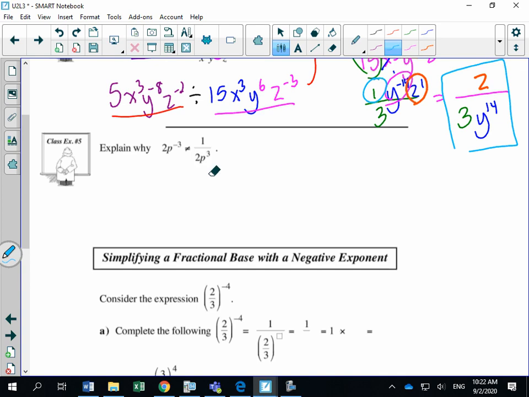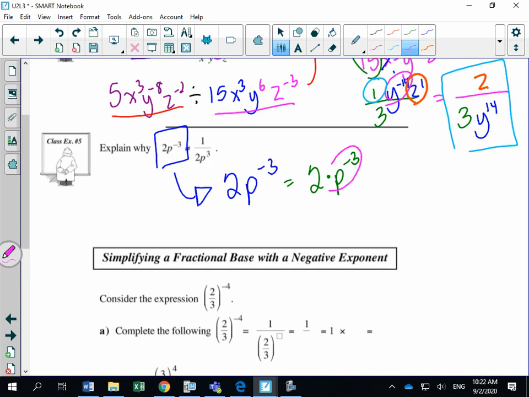Number 5, explain why these two are not equivalent. So the equal sign with the bar slash through it is not equivalent. So again, just take this and let's simplify that. 2p to the negative 3. This is really 2 times p to the negative 3. So when I say I need that exponent to become positive, negative 3 to 3, what are you moving?